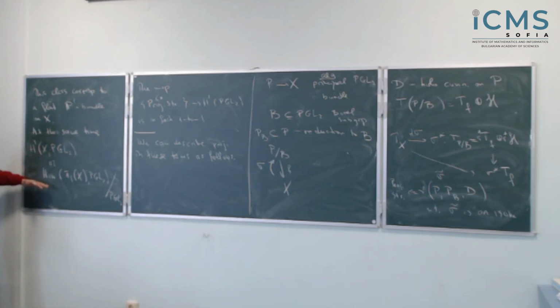This space is not only a complex variety, it's actually a symplectic variety, and the representations that we get form a complex Lagrangian subvariety. But they are very special.